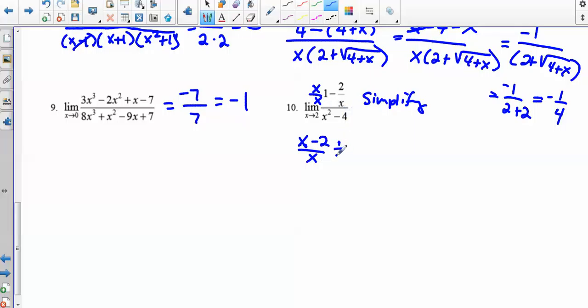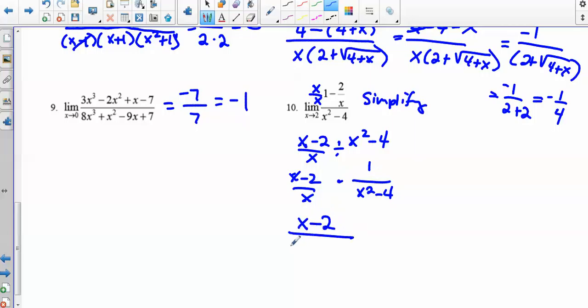It's divided by x squared minus 4. I can change my divided by to multiply, and I can multiply by the reciprocal of x squared minus 4. So I have x minus 2 over x times 1 over x squared minus 4. I can factor x squared minus 4, so my numerator is x minus 2 times 1.